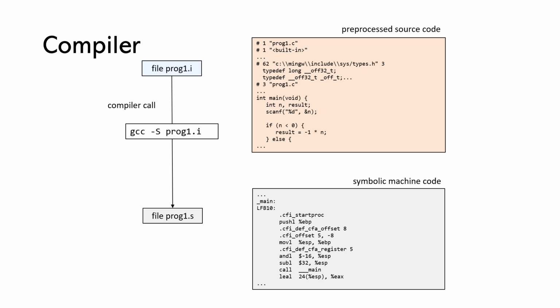To see the assembly code produced by the compiler, we use this command, where prog1.i is our input preprocessed source code, and prog1.s is our output, which is basically a symbolic machine code.